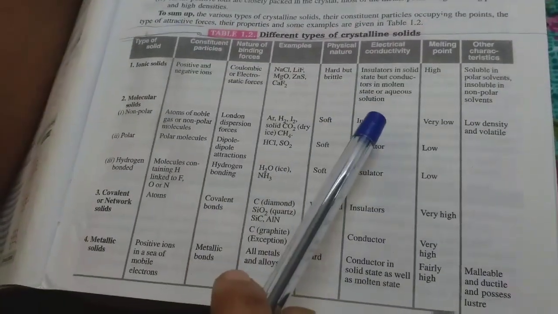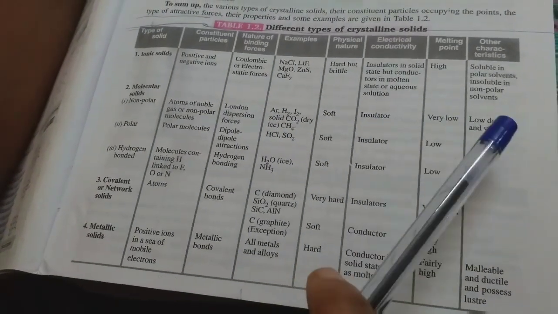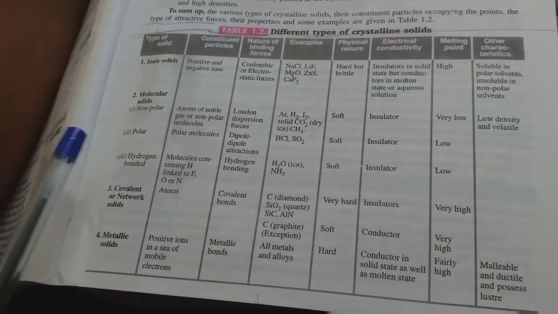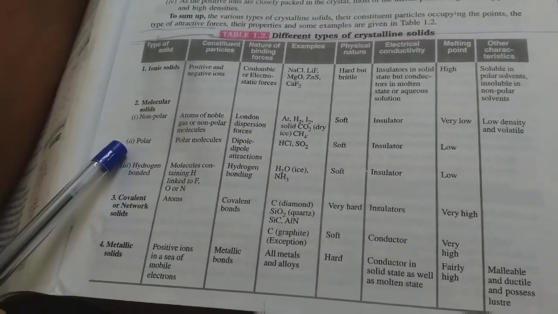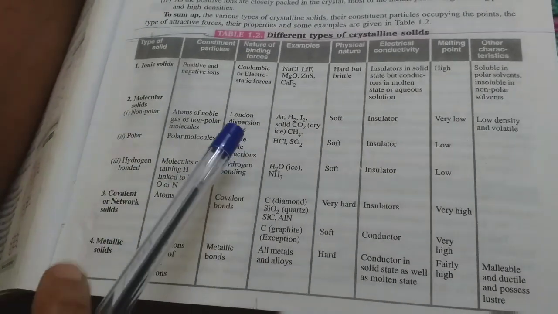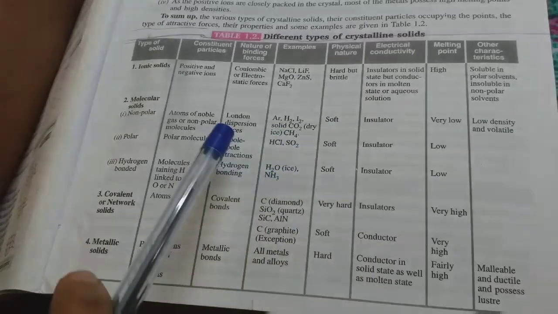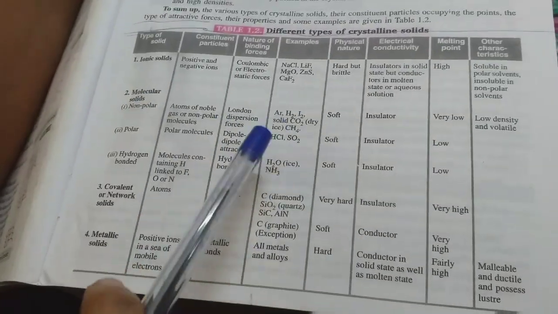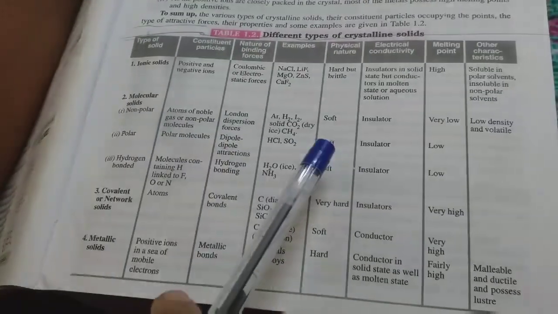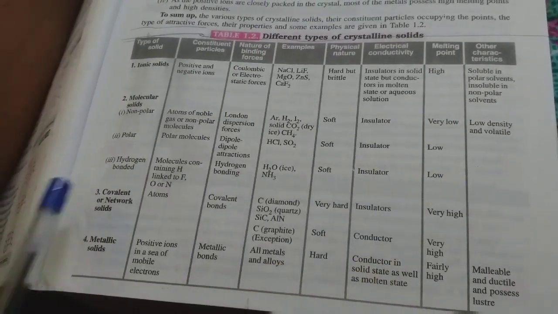They are very soft, they are insulators, with very low melting point, low density and volatile. Next, polar molecular solids. The polar molecules are there, and the force is the dipole-dipole attractive force, that is Keesom force. Examples: hydrogen chloride and sulfur dioxide. They are soft, insulators, and their melting point is very low.